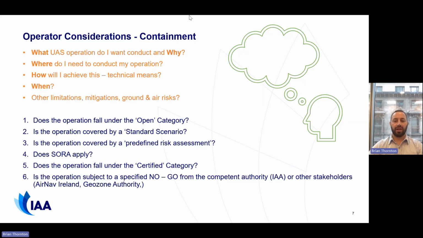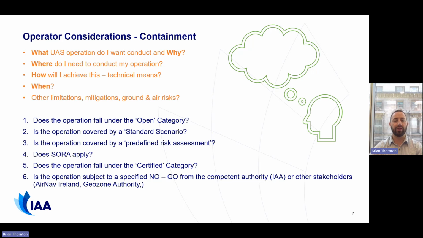So, operator considerations, containment. We like to have this discussion with applicants when they come to the authority about what they're looking to do. You might ask the question, what UAS operation do I want to do and why? Where do I want to conduct my operation? How will I achieve this and the technical means by which I'll do this? The technical means is the UAS, the whole system, the remote pilot station, depending on the operation and the level of intricacy.